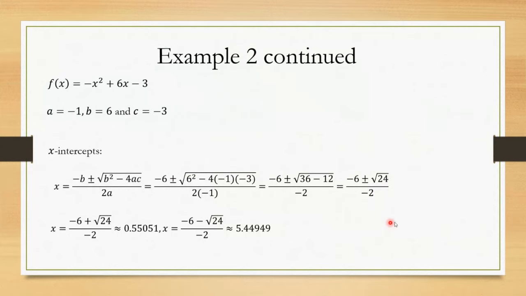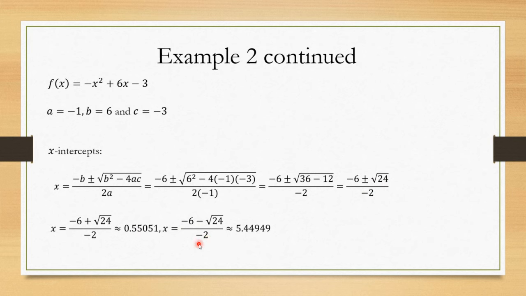And we get this. And so from here, we have two answers: -6 plus radical 24 over -2, and -6 minus radical 24 over -2.